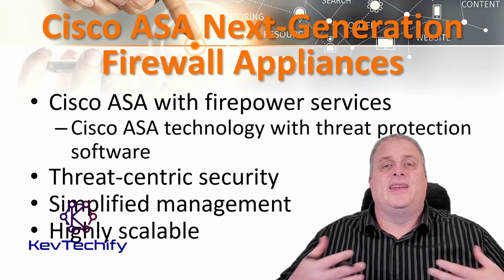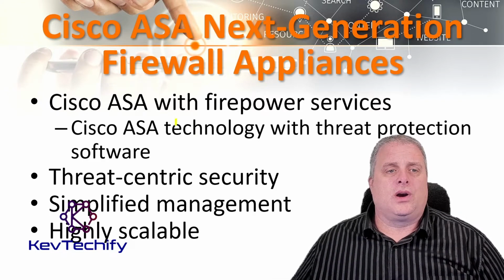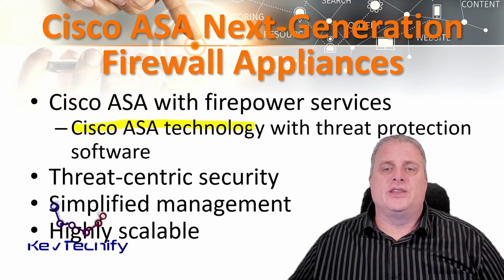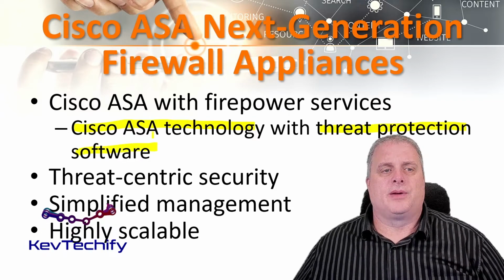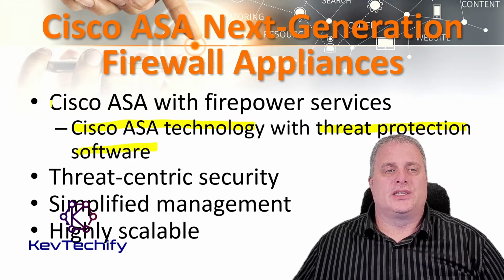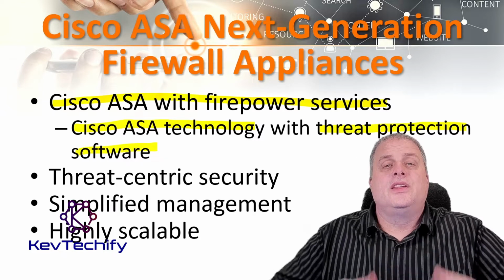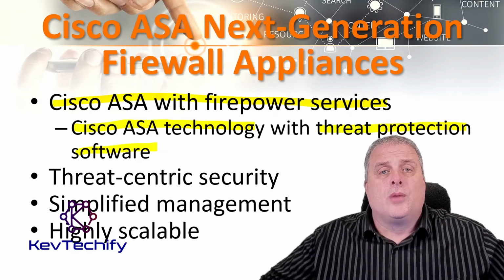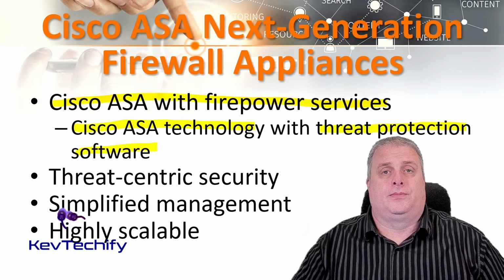Cisco has created the next step in firewall security, using the trusted hardware of the Cisco ASA technology with Cisco's industry-leading threat protection software. So they've combined these two into the Cisco ASA Firepower services. This creates a true threat-focused next-generation firewall, protecting businesses against the entire attack continuum.